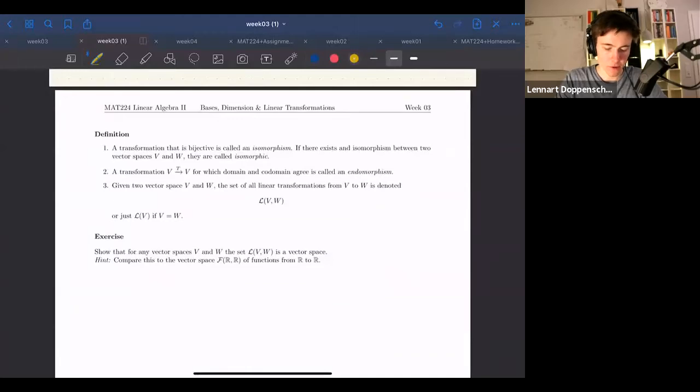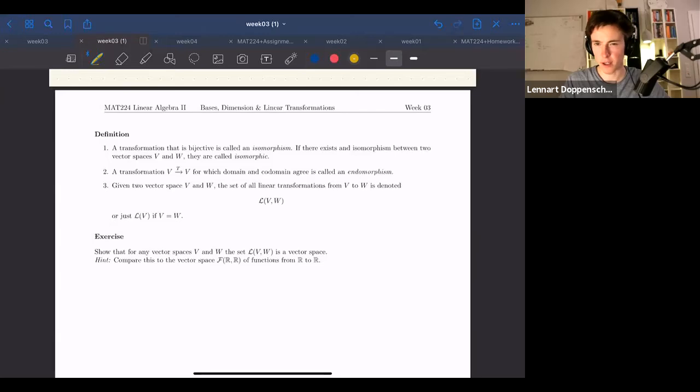I want to make a few definitions. First of all, remember that we defined surjective and injective for functions, and together we called it bijective. Now I want to say that a transformation is an isomorphism when it is bijective. But this means now it's not just a function that is bijective, but a transformation which is bijective.